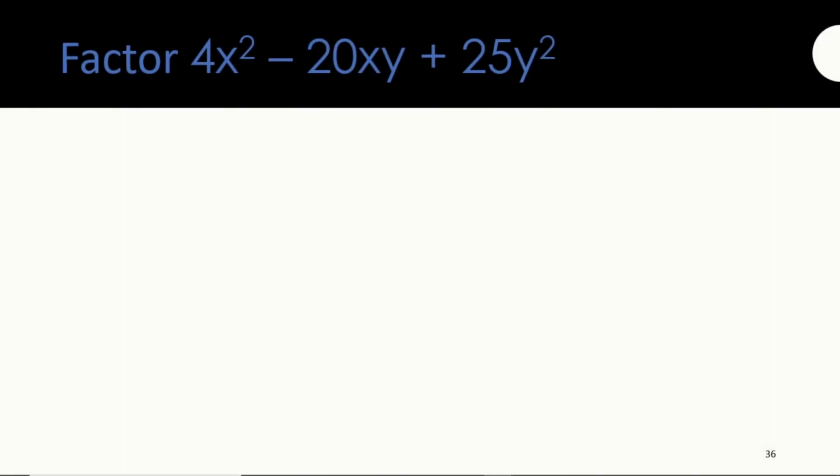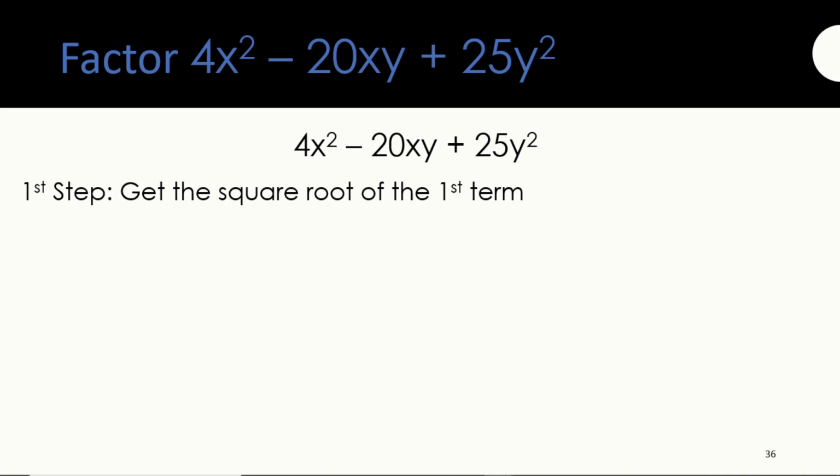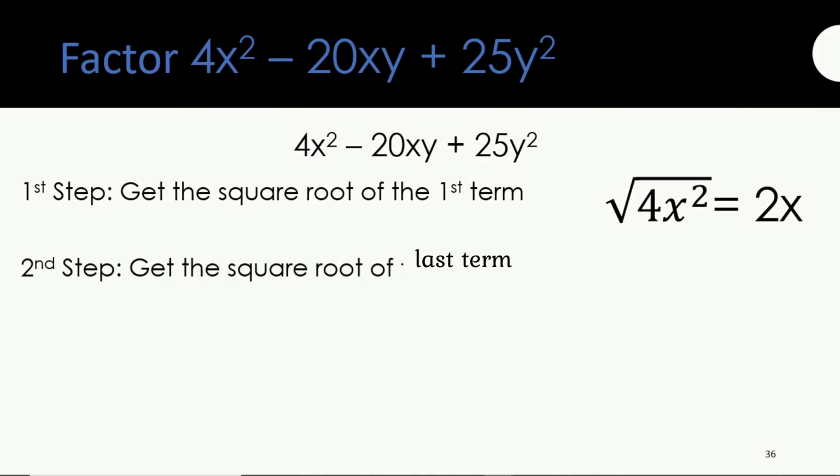Next, factor 4x squared minus 20xy plus 25y squared. Going to the first step, we will get the square root of the first term. Our first term here is 4x squared, so getting its square root, we have 2x. Then for our second step, we will get the square root of the last term.